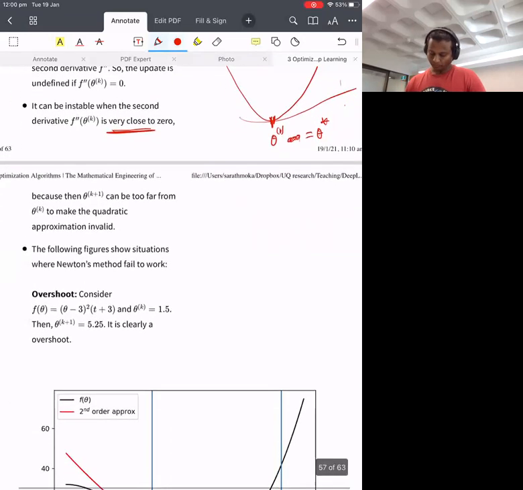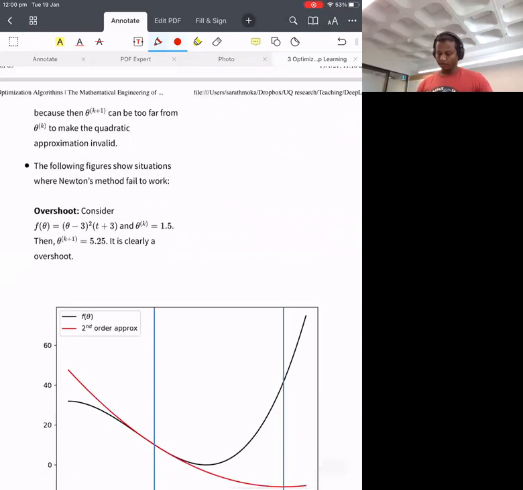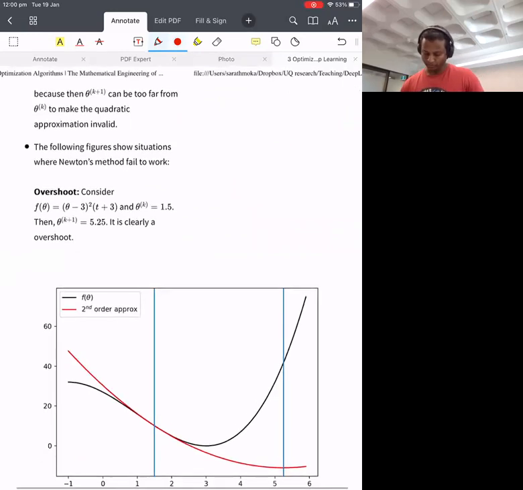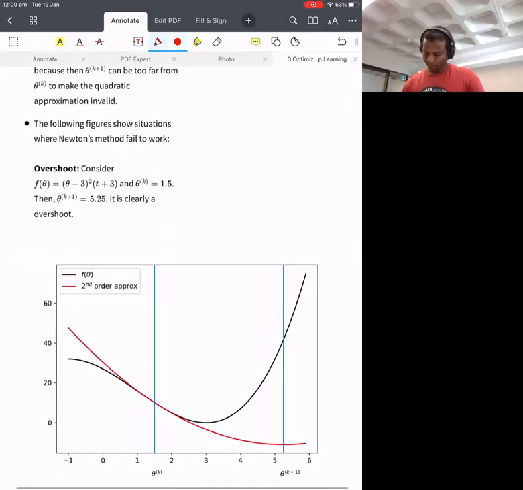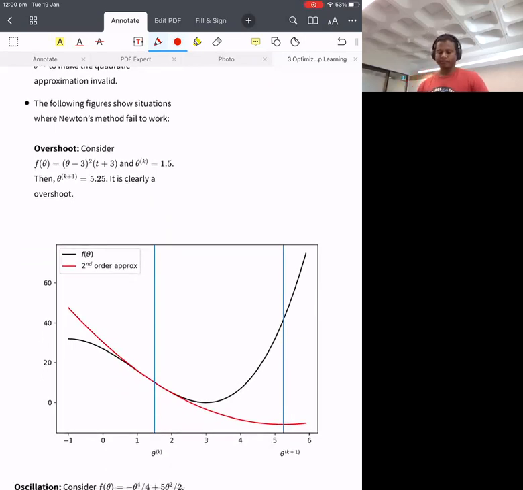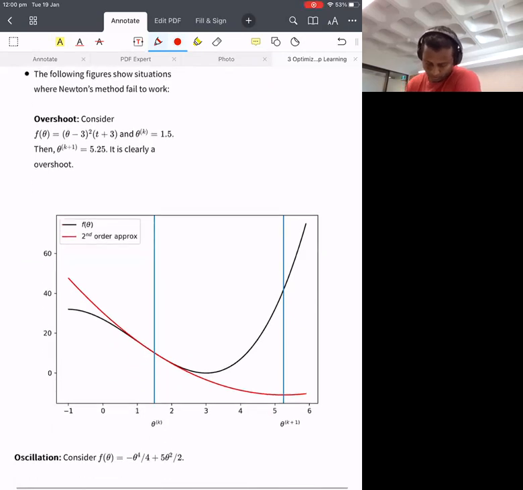Let's illustrate two other issues with Newton's method. One is overshoot. Here I'm taking a function of this form, and I'm at theta k, which is 1.5.